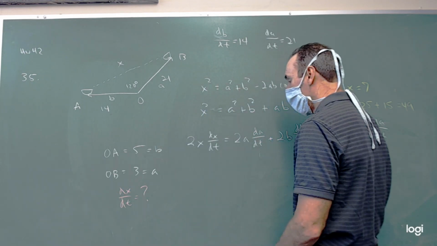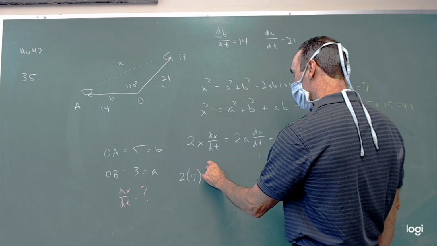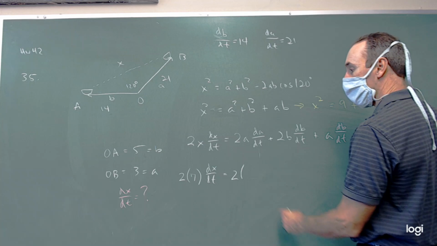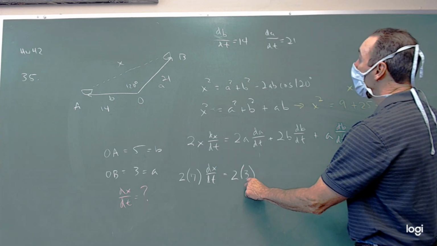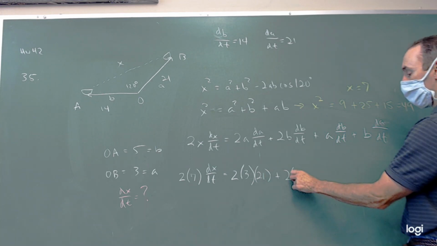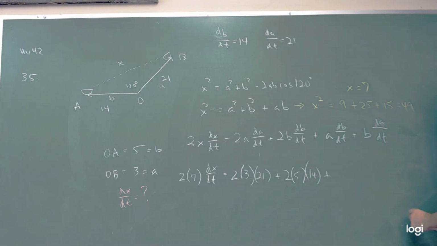Okay, so we have 2 times x, which we said was 7, times the dx/dt that we're trying to find. It's 2 times a, which is 3, times dA/dt, which is 21, plus 2 times b, which is 5, times dB/dt, which is 14. Then the a is 3, the dB/dt is 14, b is 5, the dA/dt is 21.